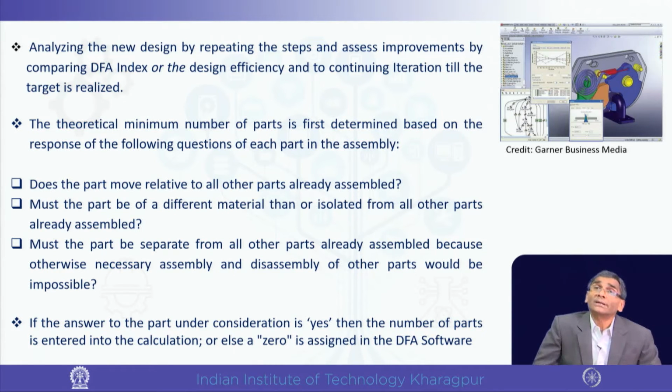So, what are the criteria by which it is to be identified? If a part has to move in relation to another, like a bearing, the shaft will rotate with respect to the housing. So, there is a relative movement, but if the shaft had to be fixed to that body, then it could have been one part. Since these are moving relatively, these are 2 parts, that is one consideration.